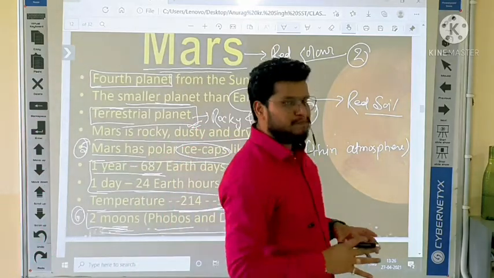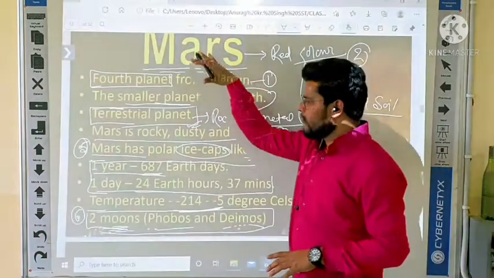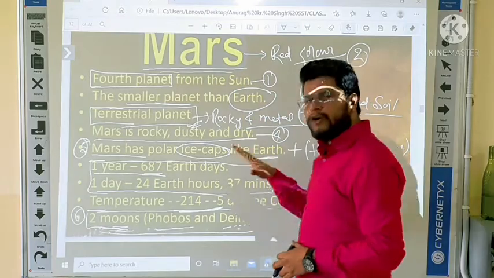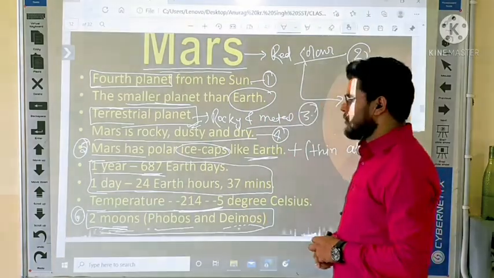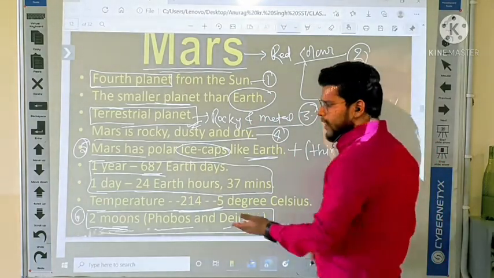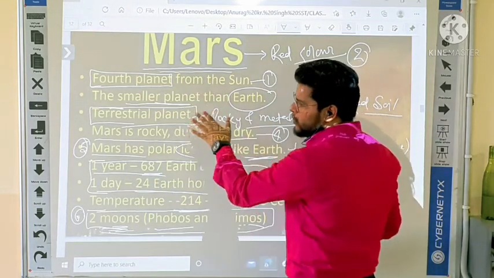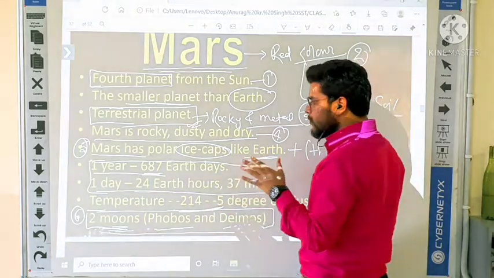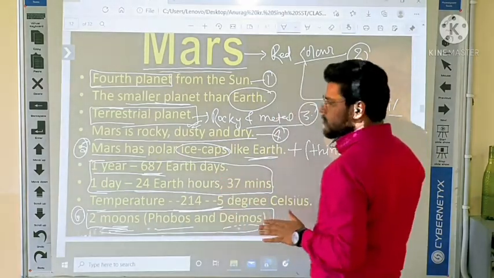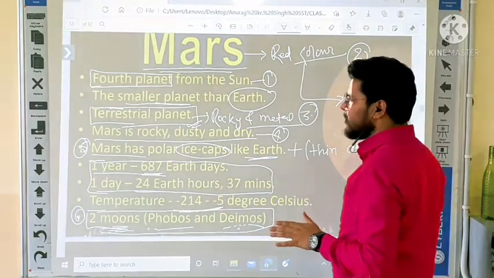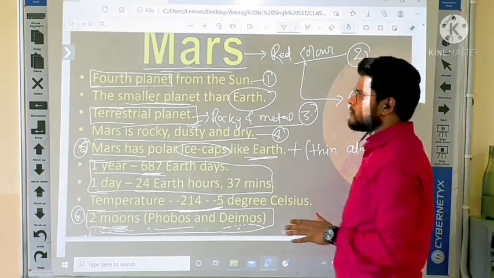And we have to read this according to our book. For your knowledge, I go through it, but where I have written 1, 2, 3, 4, 5, 6, only those points you have to write in your classwork and homework page.